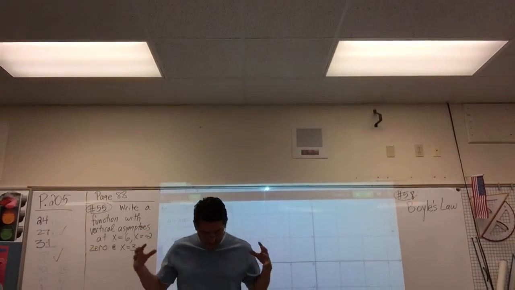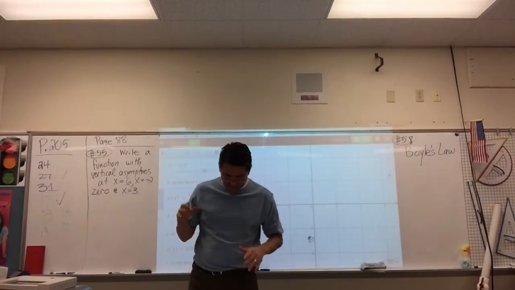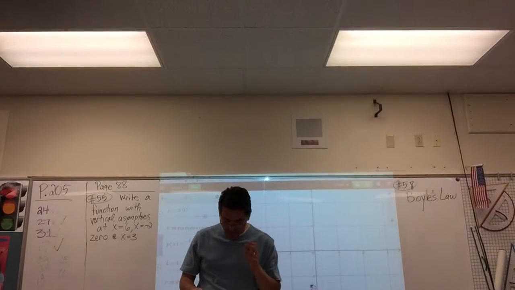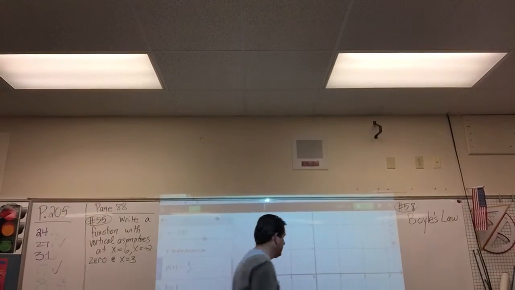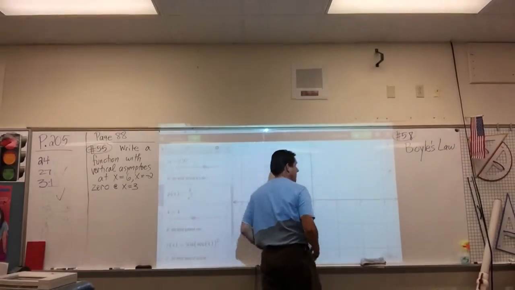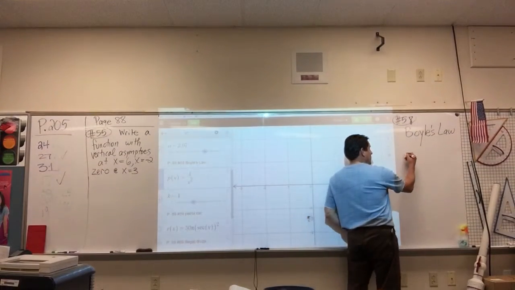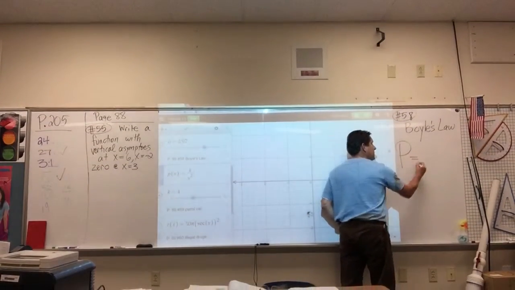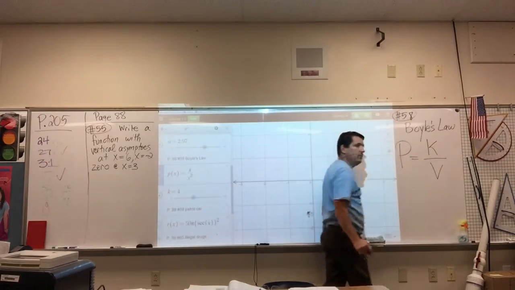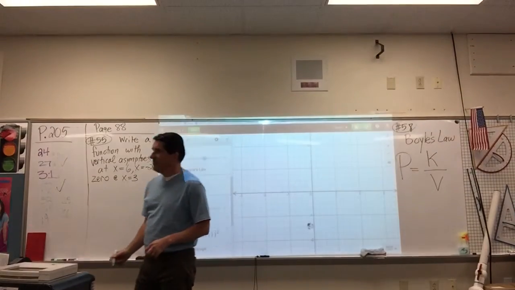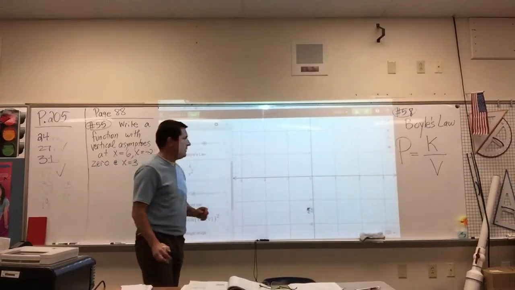So the quantity of gas is at a constant temperature. The pressure is inversely proportional to the volume. Okay, so this is a formula for it. The pressure is inversely proportional to the volume. Okay, that's how you write that statement.